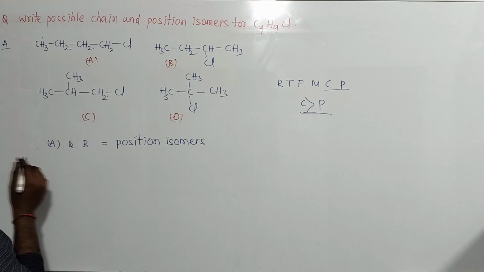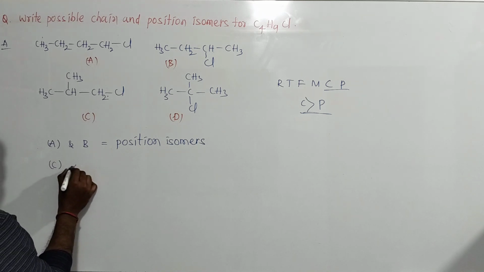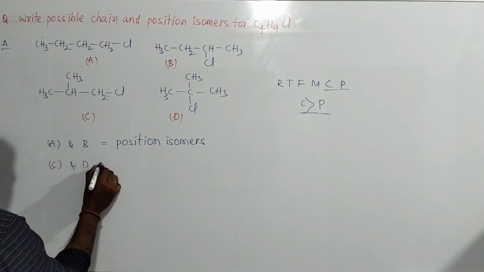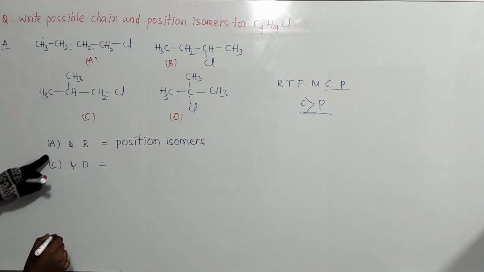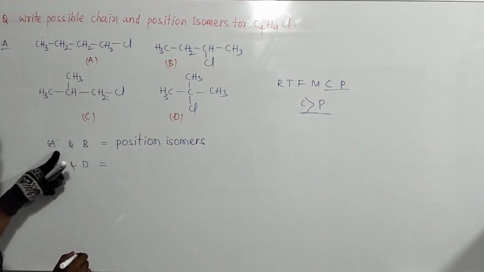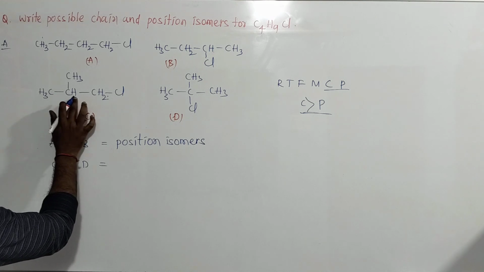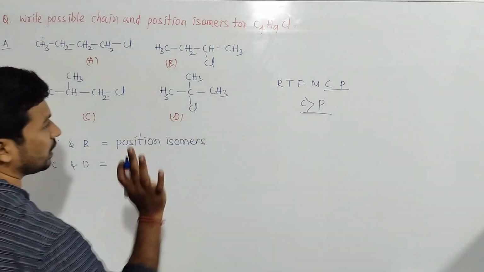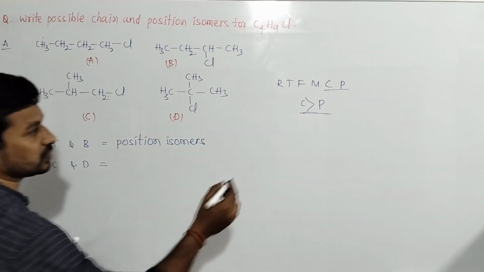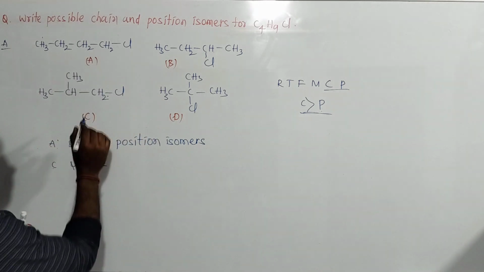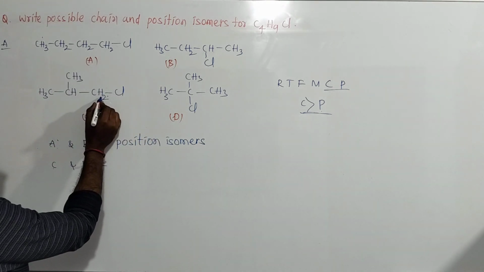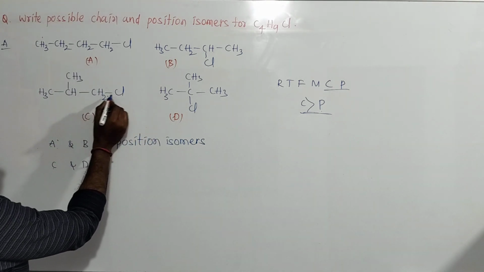And if you verify for C and D, what are C and D? The parent chain contains 3 carbon atoms, so they are not chain isomers. Then verify for position isomerism. Chlorine at which position?